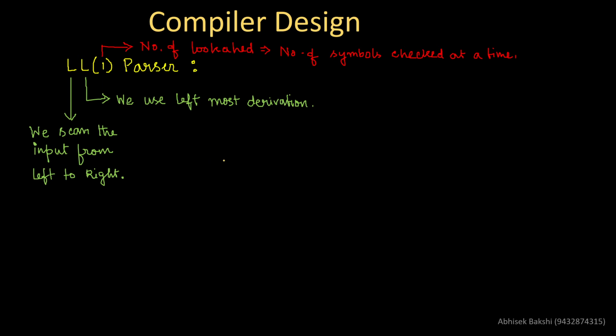You can assume that we have a stack here, and there is an inbuilt symbol present in the stack before the parsing even starts. That is what we call dollar.